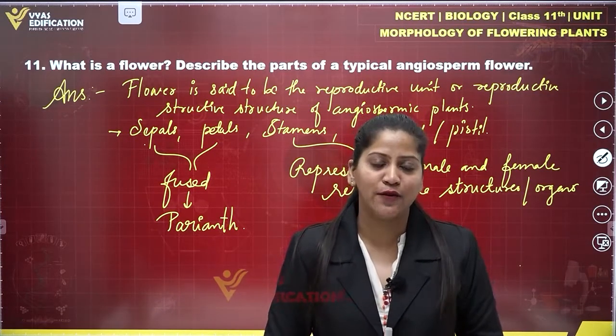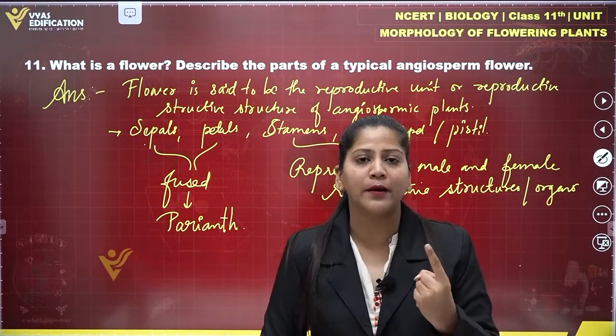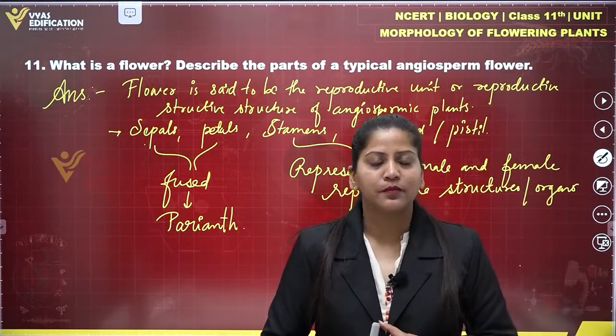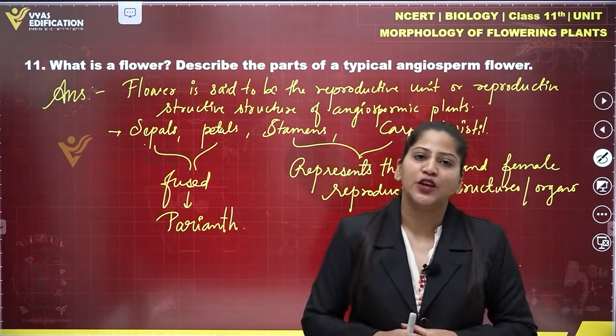Whereas if a flower contains only one of them, either stamen or carpel, then the flower is said to be unisexual.